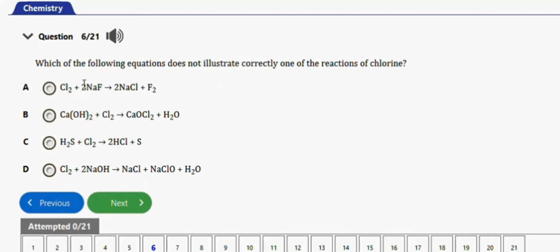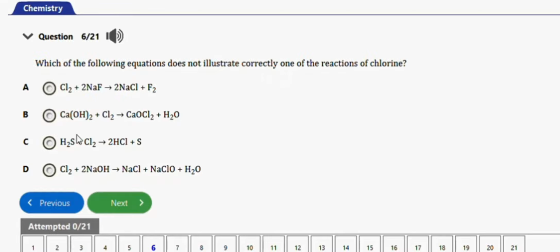It says, which of the following equations does not illustrate correctly one of the reactions of chlorine? So looking at the equations, we have option A. Let's look at option B, calcium hydroxide plus chlorine. We are looking for the equation that does not illustrate correctly one of the reactions of chlorine.